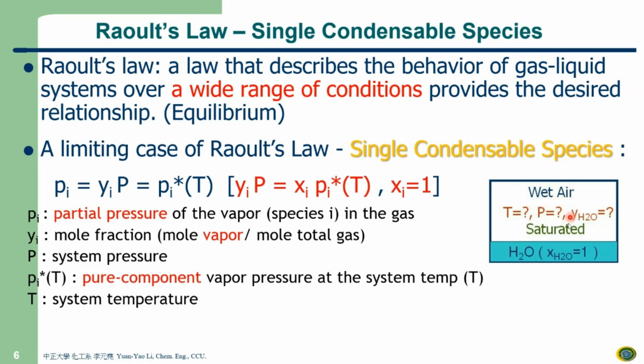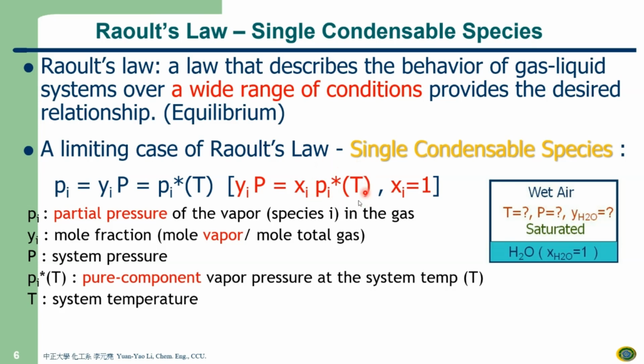P is the total pressure in the gas system. yi is the molar fraction in the gas phase for species i. xi is the molar fraction of species i in the liquid phase. And pi star function of T is the vapor pressure of species i at the temperature T.